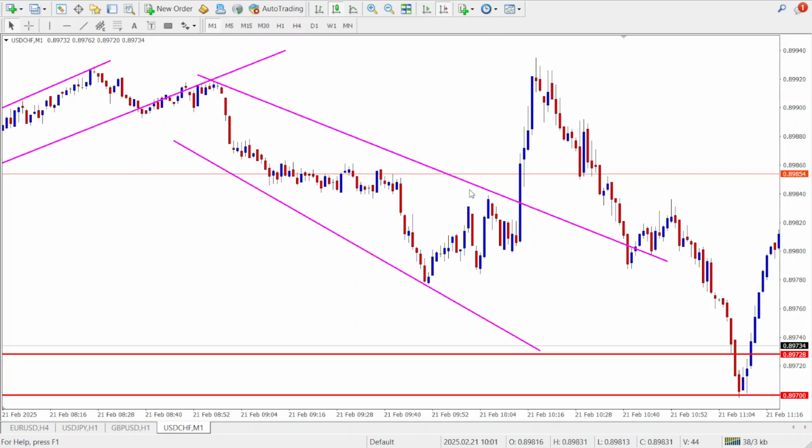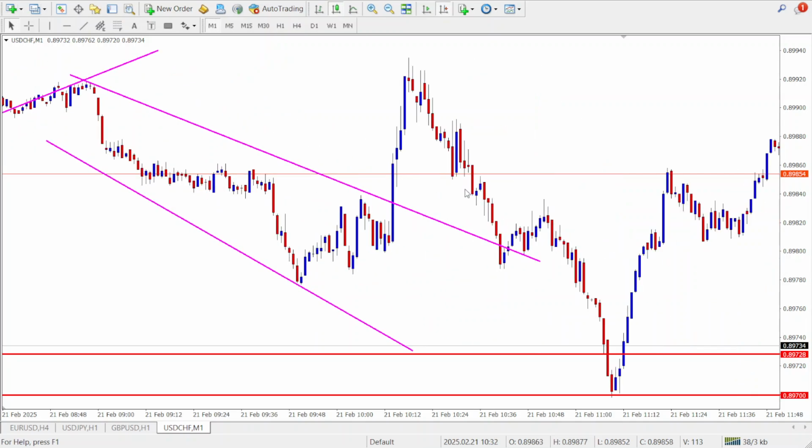So this shift signals that something bigger is happening in the market, a potential reversal or continuation.